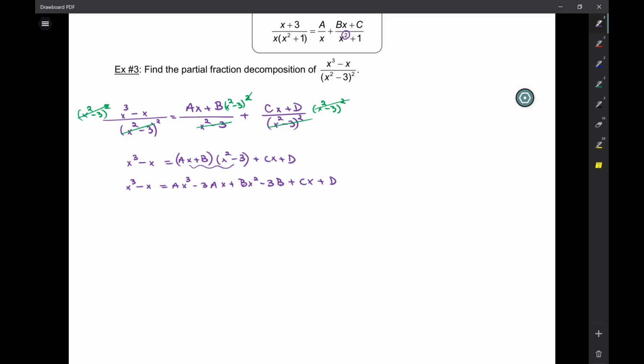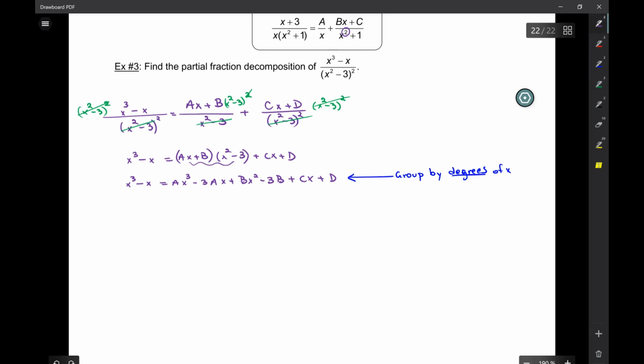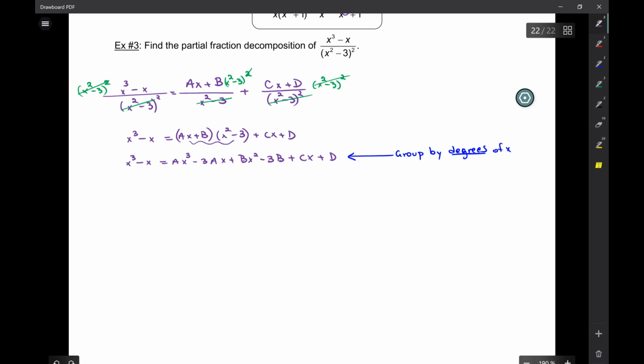Okay, now what you're going to do is group by degrees of x, by powers of x. So what I'm going to do is this: x cubed minus x.